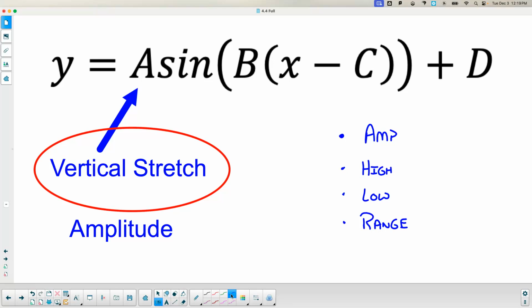Those things are all partially controlled, if not fully controlled, by the A value. Later on, i.e. Thursday, they'll be controlled by the A value and the D value.